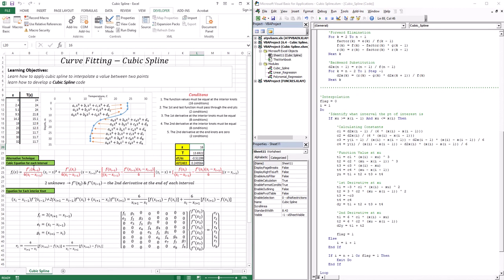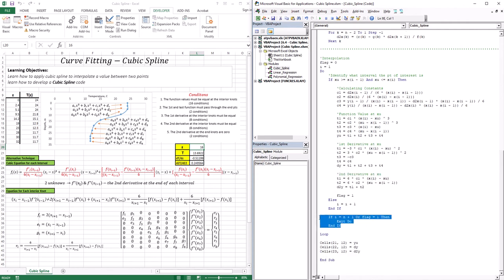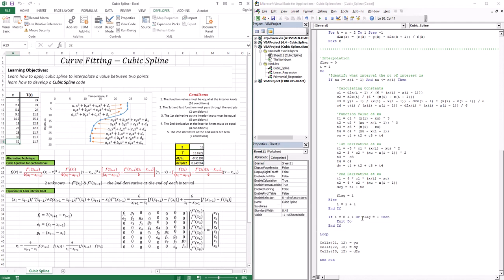Then it goes in, calculates S1, S2, S3, and S4, those coefficients. Then it creates T1 to T4, which is basically multiplying by those x's. And this is an added bonus of getting the first derivative and the second derivative as well. We also have a condition here that breaks out of the do-while loop. It's either we reached the last point that we have, or flag is equal to 1, which means that I found my interval and did the necessary calculations.